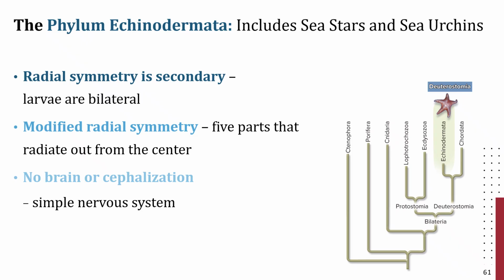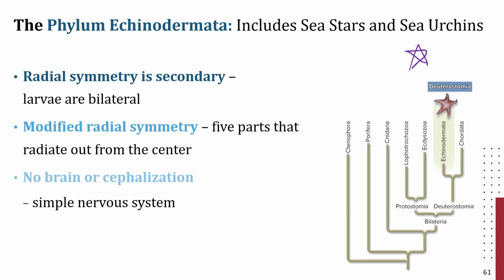So starting with the echinodermata, we're going to use sea stars as our prime example of phylum echinoderm. A sea star is basically 5 points, like a star, and it would appear that they are not bilateral or radially symmetric.